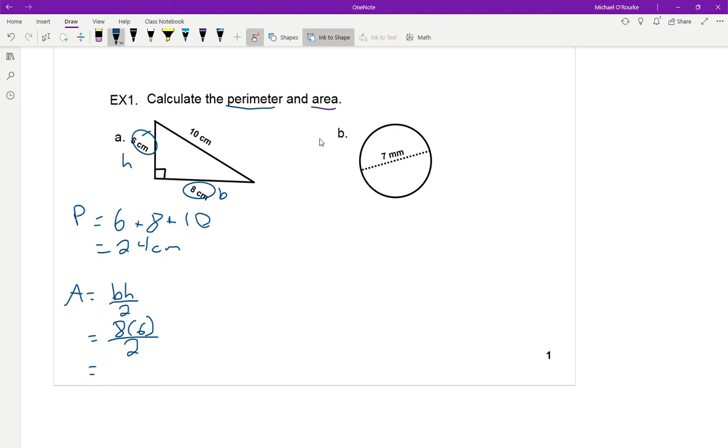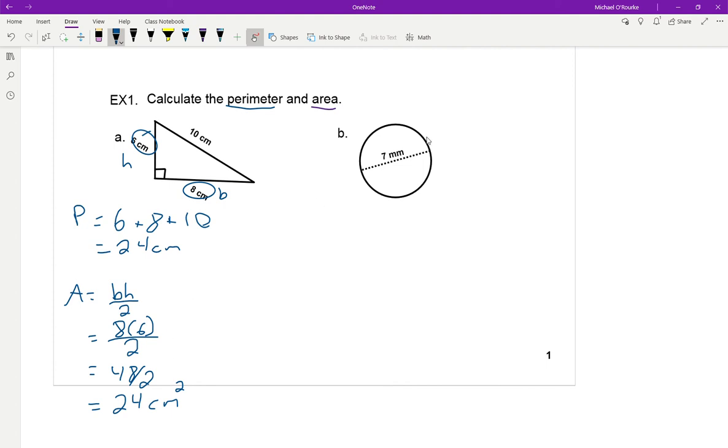So 8 times 6 is 48, right? 48 divided by 2 is going to equal 24. And then my units is centimeters squared.